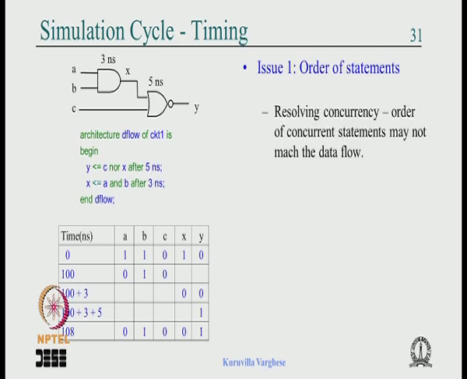So basically the game is about resolving the concurrency. The issue is the order of the statements will not match the data flow. The order may be different, and the solution is an event driven computation.